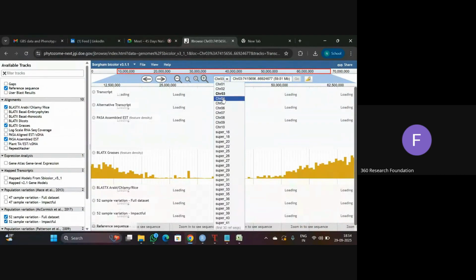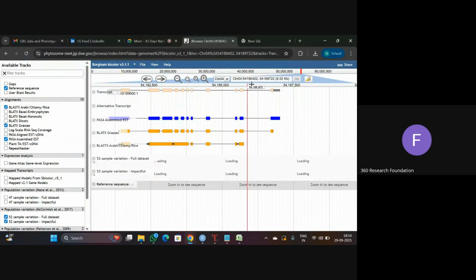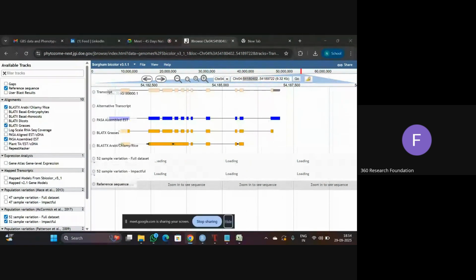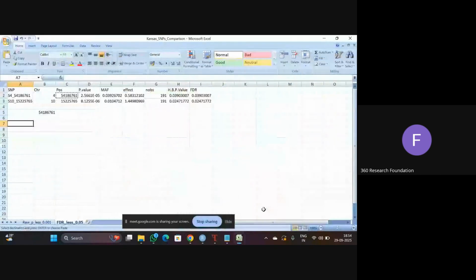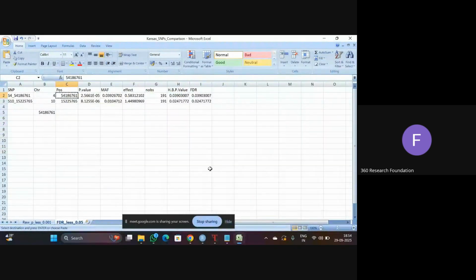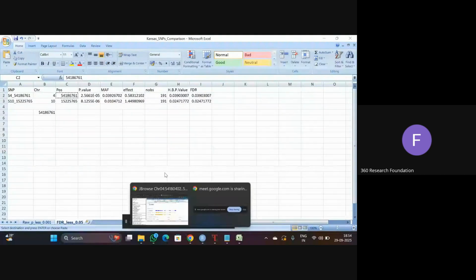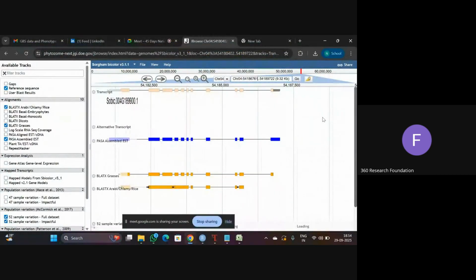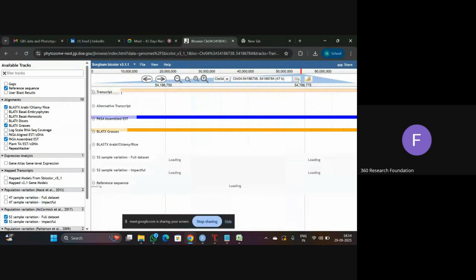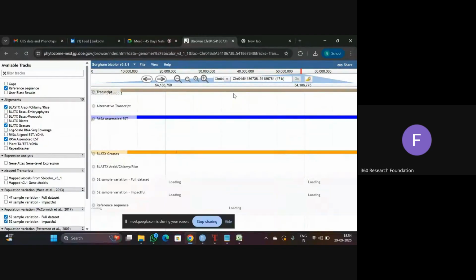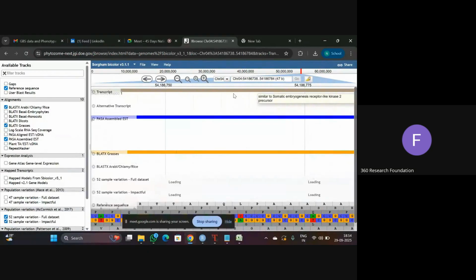One way is to write the position, copy it, and write the same at both places. This is one way, and directly you will get the gene, right?